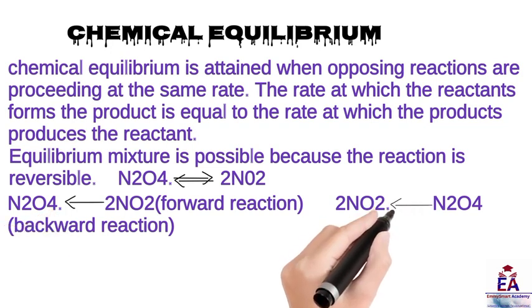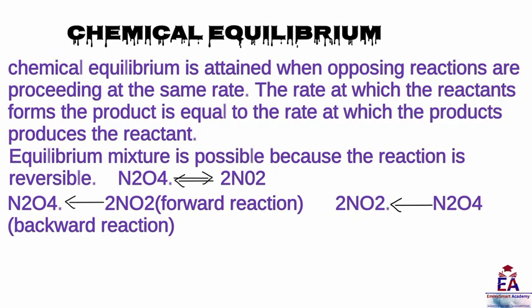So you see this, we have nitrogen tetraoxide, and then it produces nitrogen dioxide. Basically, you see the forward reaction, and then we see the backward reaction as well. The backward reaction produces N2O4, and the forward reaction produces 2NO2. So we see 2 moles of NO2, and then 1 mole of N2O4.